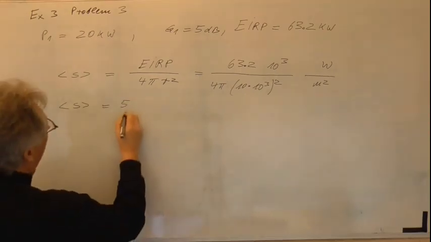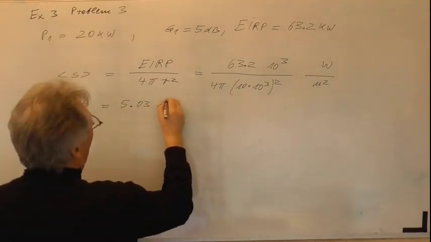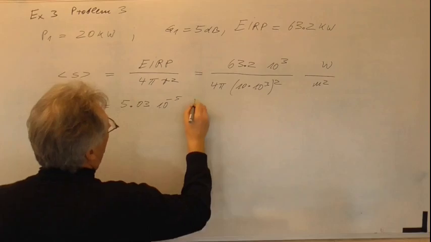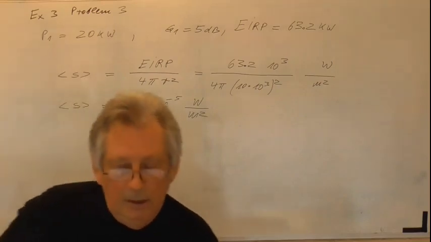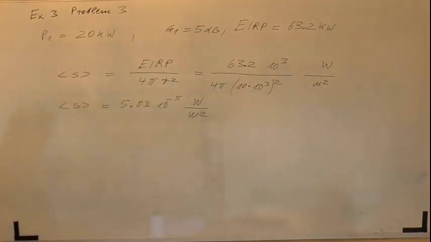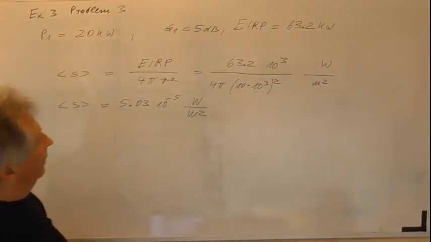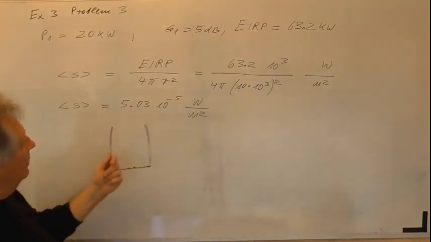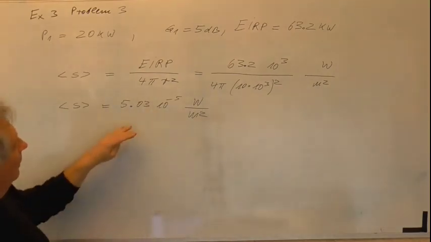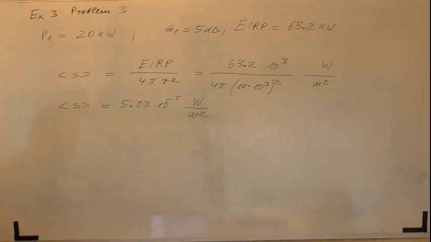It's 5.03 times 10 to the power of minus 5 watt per meter squared. This will be the power density due to our transmitter, which radiates an isotropic power in the direction of the main beam. So in the direction of the main beam at a distance of 10 kilometers, we will have this value for the power density.